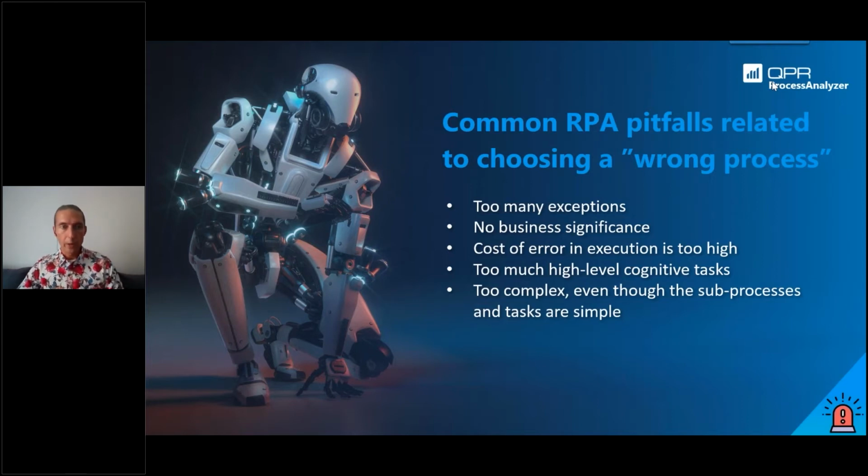If the cost of error is high, you would probably want to have the human involved, and the whole process can be too complex. So there are very many reasons why choosing the right process and tasks may not be so easy.